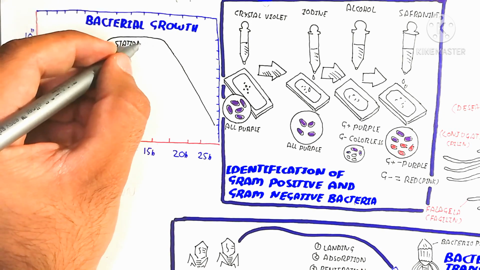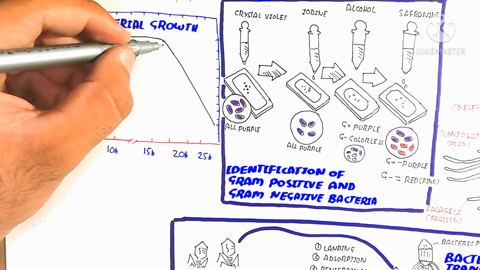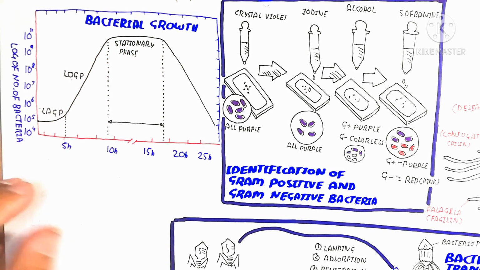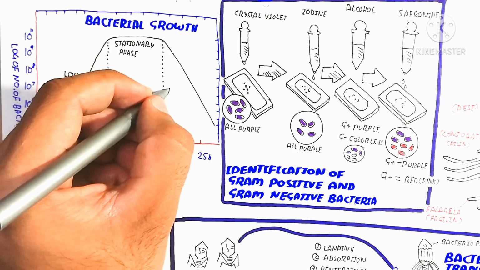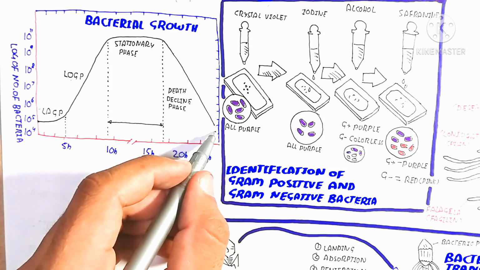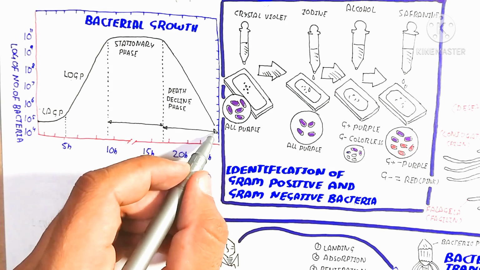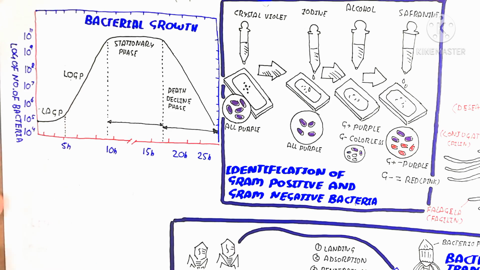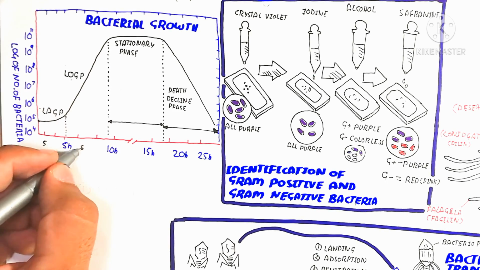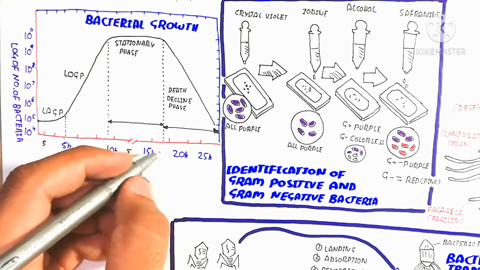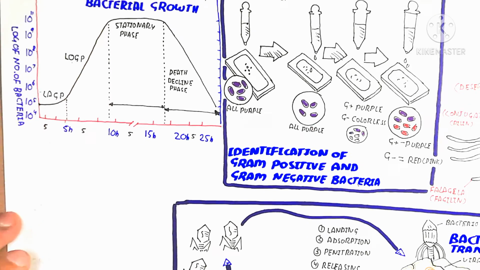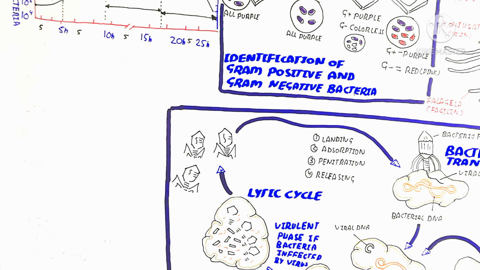The period from 0 to 5 hours is the lag phase, used for preparation, while the log phase is used for rapid growth, so cell division by asexual reproduction occurs and the colony grows. After that, between about 10 and 15 hours, is the stationary phase, where the death rate and reproduction rate are equal, so cell division is equal.